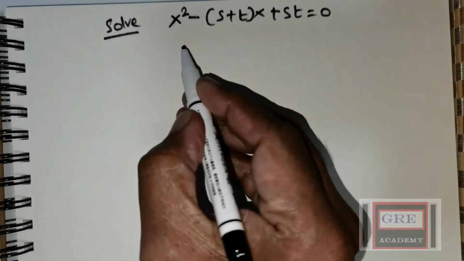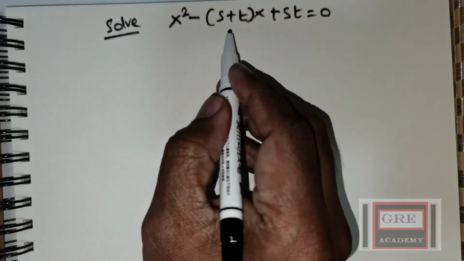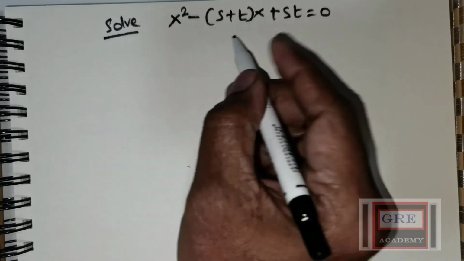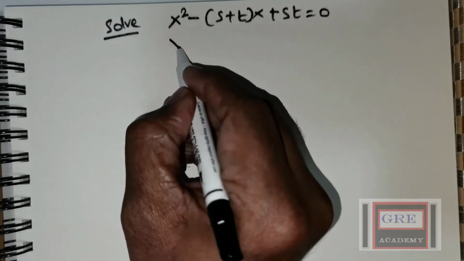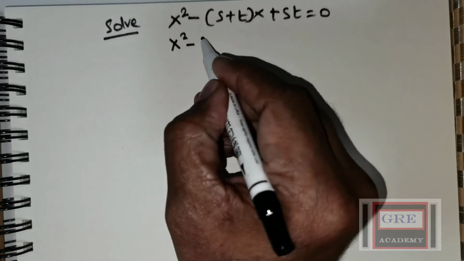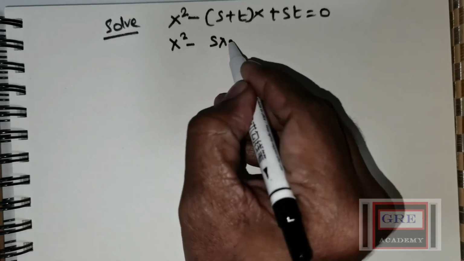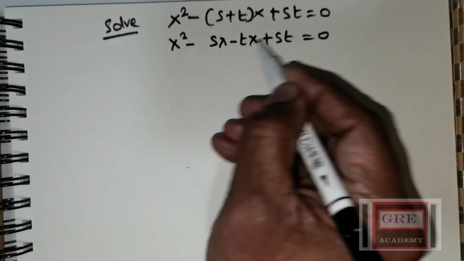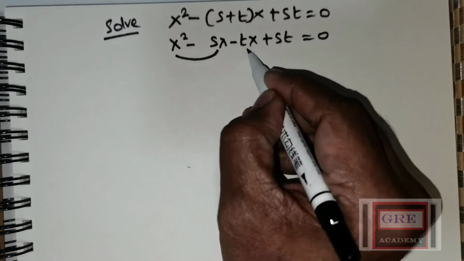We are given this question: x squared minus (s plus t) times x plus st is equal to 0. We have to use the technique of factorization. First I would rewrite this as x squared minus s times x minus t times x plus s times t is equal to 0. I will club these two together and these two together.